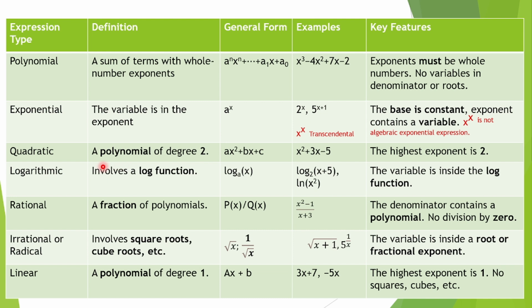For quadratic expression, it is necessary that the power must be 2. If the power is greater than 2, then this will not be called quadratic expression. Or if the power is less than 2, then also it will not be quadratic expression. So remember that for the specific type quadratic expression, the power must be 2.